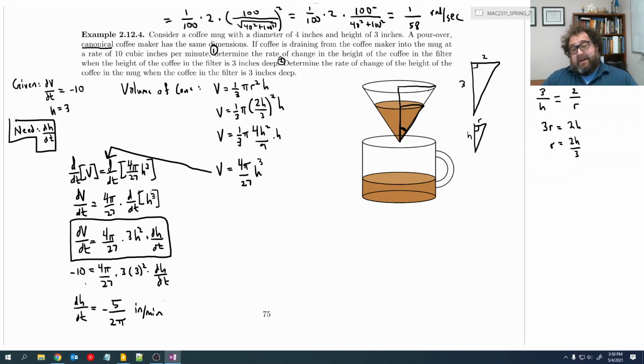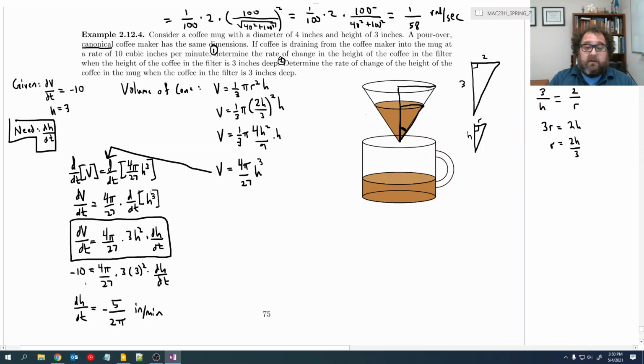So it doesn't really matter that the coffee in the filter is 3 inches deep, because we're concerned about the mug, and we know that the mug is being filled at a rate of 10 cubic inches per minute.